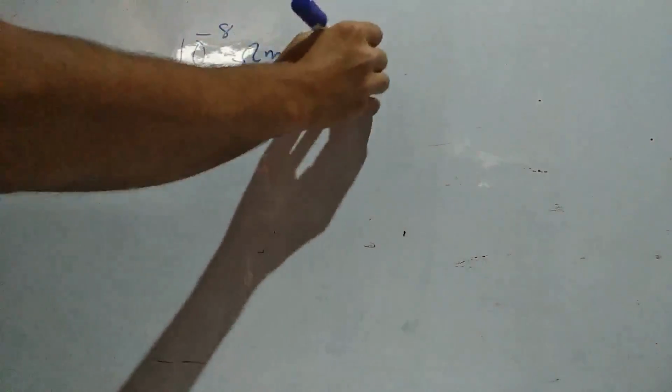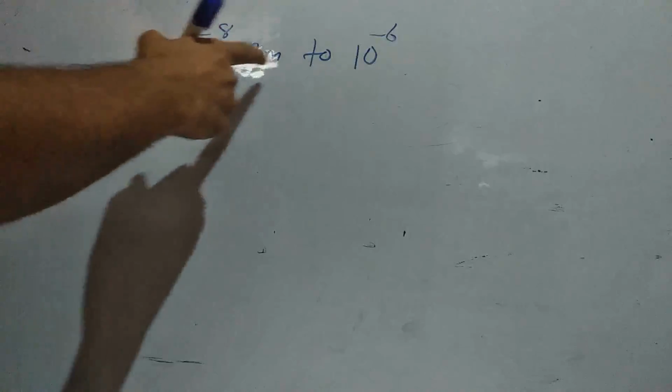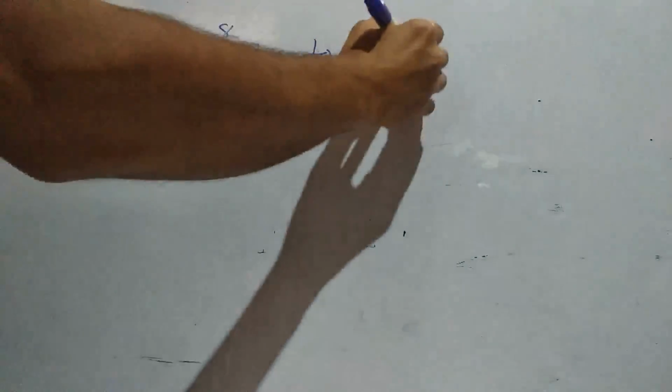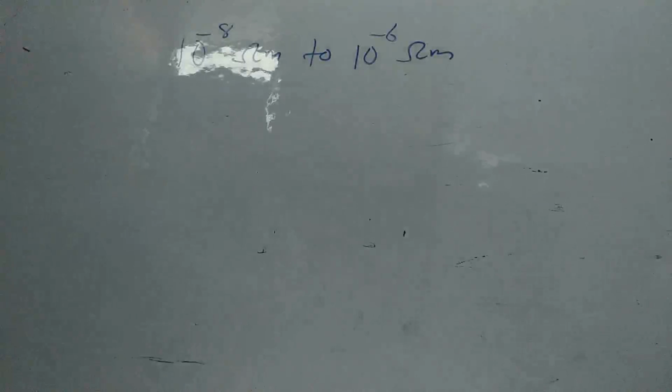The materials having a resistivity in the range of 10⁻⁸ ohm meter to 10⁻⁶ ohm meter are considered to be very good conductors.